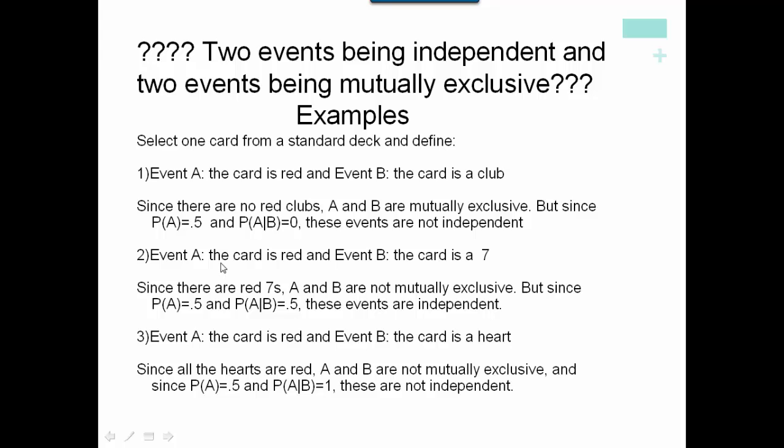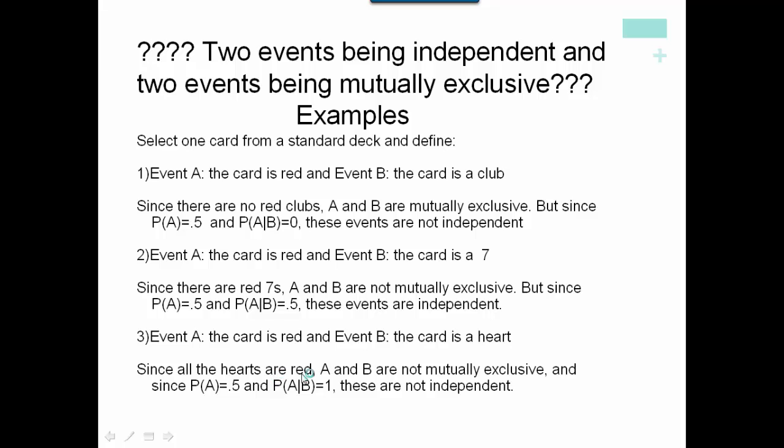So here's event A, the card is red. This time, event B, the card is a 7. Since there are red 7s, A and B are not mutually exclusive. But since the probability of A and the probability of A given B both equal 0.5, these are independent as well as being not mutually exclusive. The next one, event A, the card is red. Event B, the card is a heart.